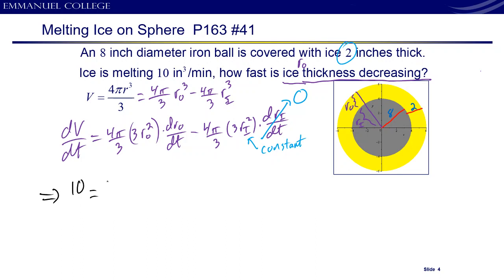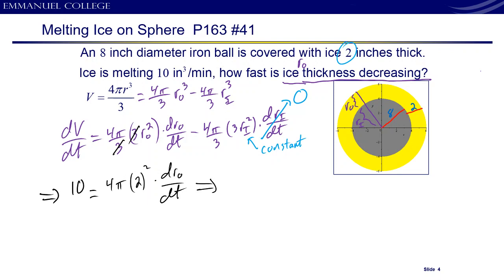And that's going to be equal to 4 pi thirds. Well, actually, those would cancel up here. So let's make this a little bit easier to deal with. This is going to be 4 pi times the outer radius, which is 2, which we're squaring, times dR0/dt.